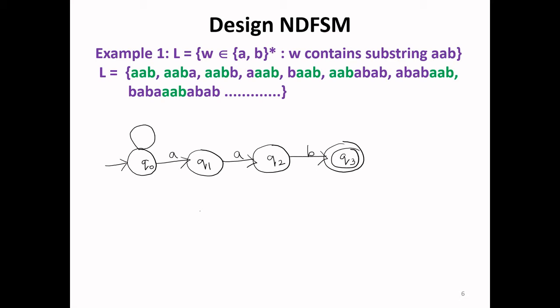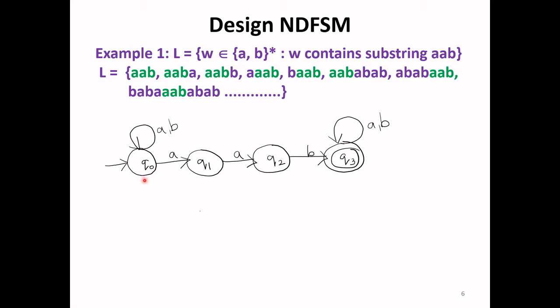Before it I can have any number of A's and B's. After it, again I can have any number of A's and B's. This is how we design the NDFSM for the language having substring AAB.